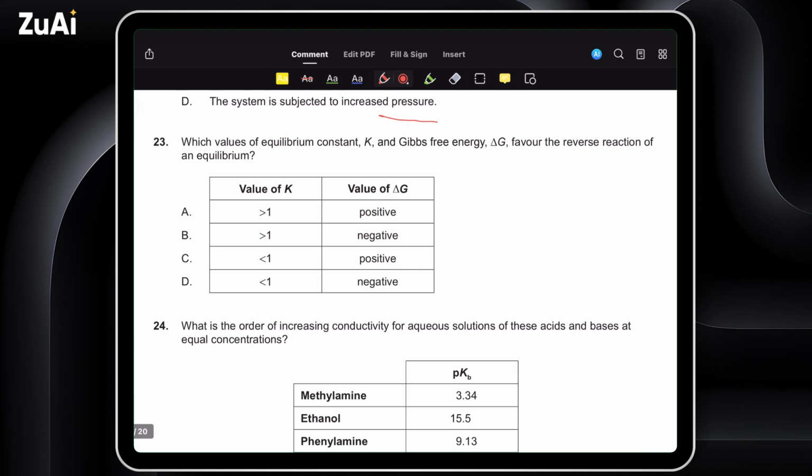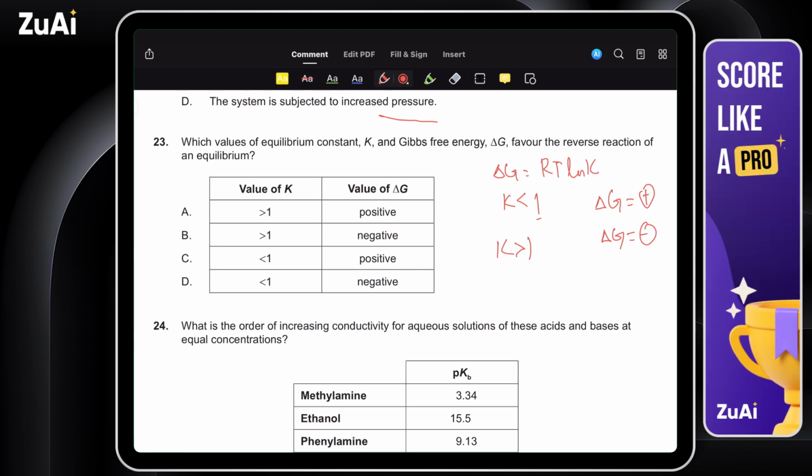Okay, which value of equilibrium constant K and the Gibbs free energy favor the reverse reaction? Okay, so delta G is equal to RT ln K. If you lower the K value, delta G becomes positive. If you raise the K value, delta G becomes negative.